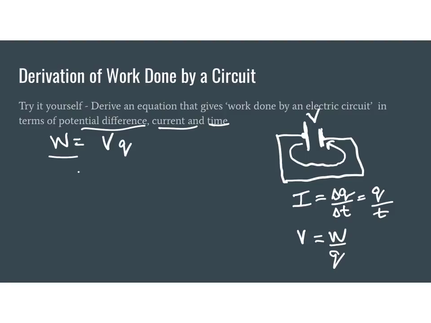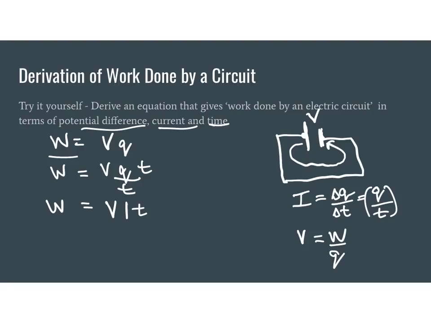Now, to make this the same, we could multiply this by time and divide by time. When we multiply by time and divide by time, it's really multiplying by 1, which is the same thing. We're not changing the value. Now, Q divided by T is current. So the work done is equal to VIT: potential difference, current, time.